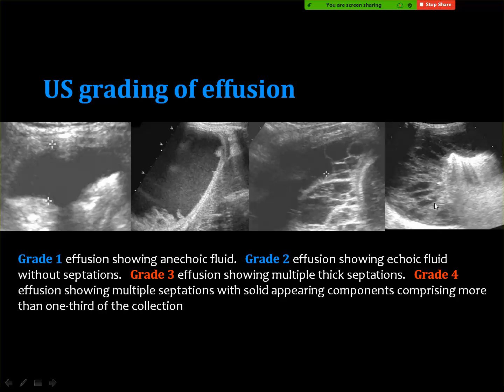This grading is very important whenever you are going to treat this empyema by intervention. If you got this appearance with incomplete septation, you can insert a drainage tube percutaneously into the lesion. It will evacuate it totally.